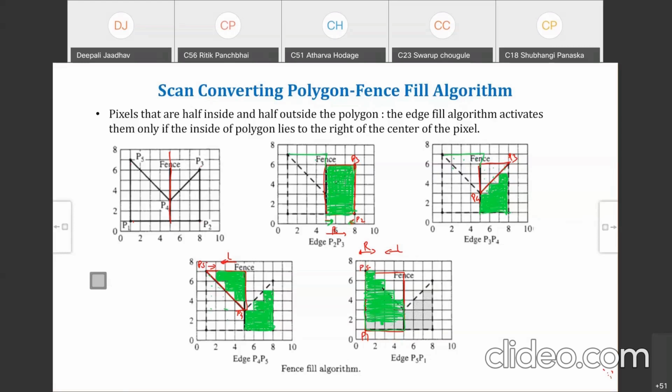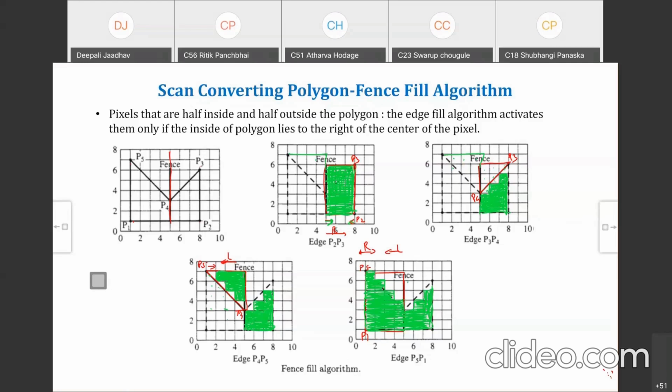These are already green, not visited. Okay, so in this way, these are complemented here as white. At the end, you can observe that the polygon is filled.